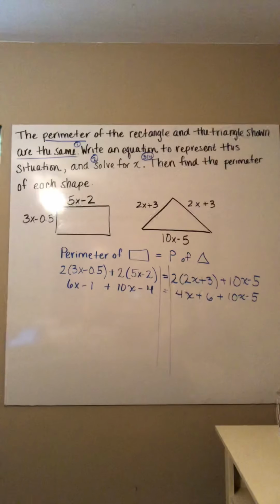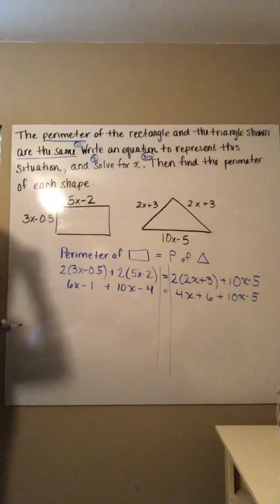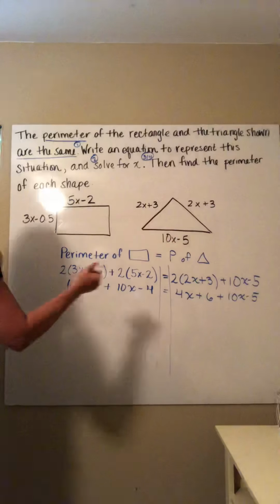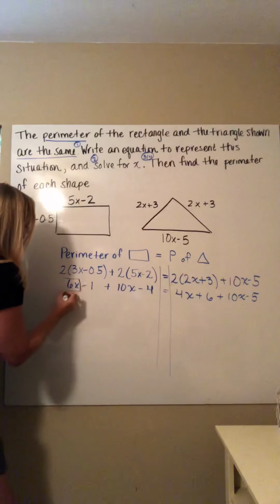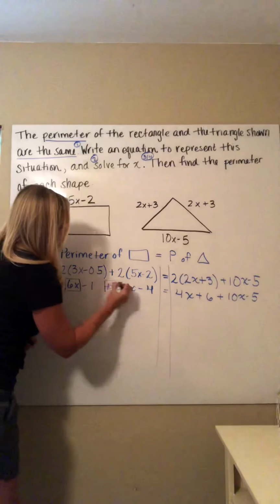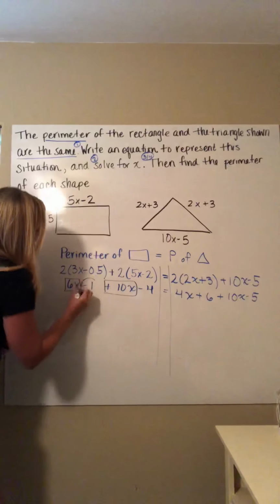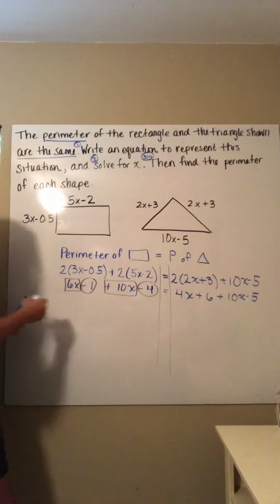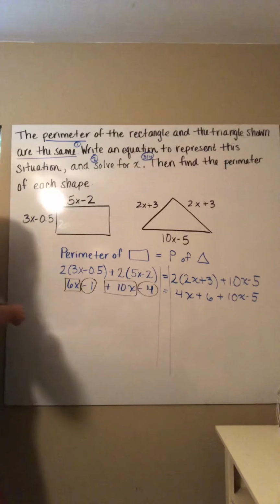Okay, our next step now is to combine like terms. So my like terms on the left side are 6x and positive 10x, and then negative 1 and negative 4. So 6x plus 10x makes 16x.